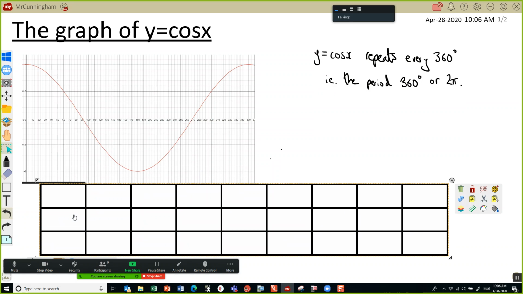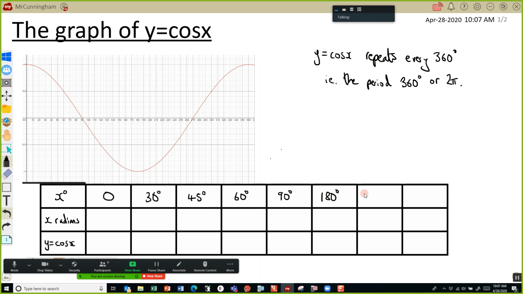We are going to have our angle in degrees, then the same angle in radians, and then we're going to look at what cos of the angle equals. We'll start off with 0 degrees. We'll do all the important ones: 30 degrees, 45, 60, 90, 180, 270, 360.